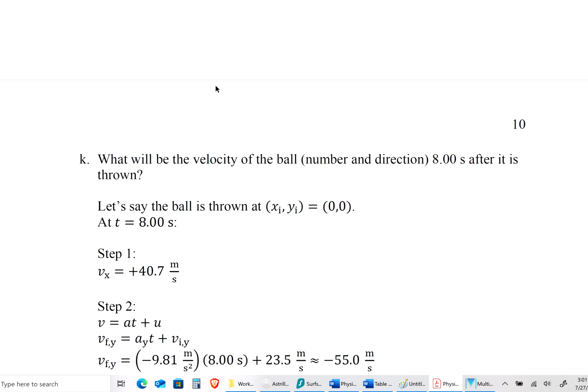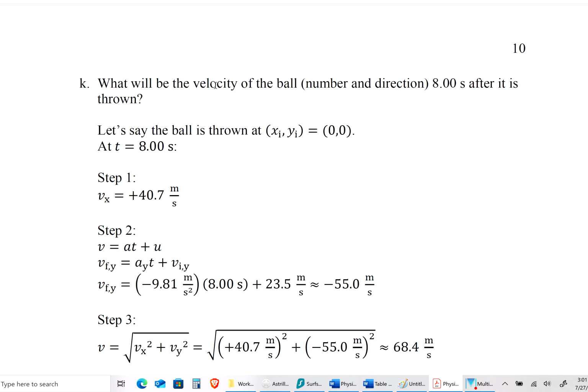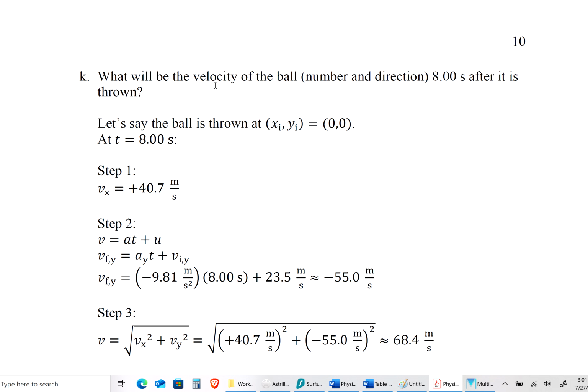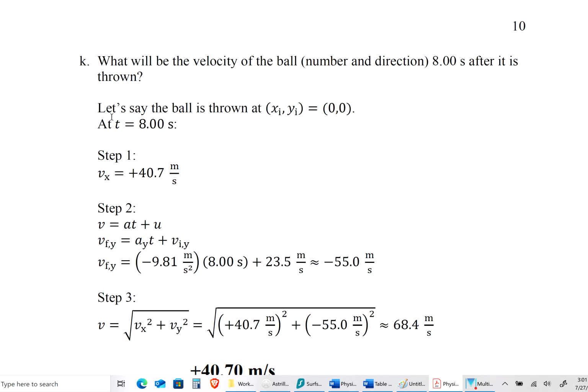And K is asking for the velocity of the ball 8 seconds after it is thrown. So at 8 seconds, V sub x is 40.7 meters per second, because V sub x is a constant. It doesn't change if there's no air resistance. V sub y, we have to calculate it to be minus 55.